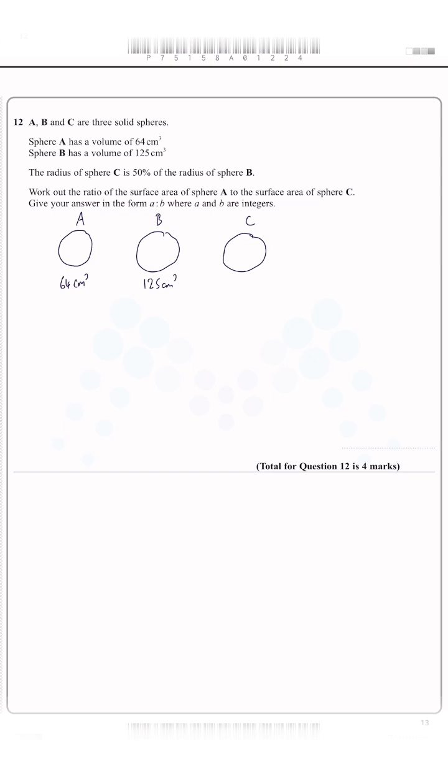So between the two of them, because it's 50% less, we have a length scale factor.